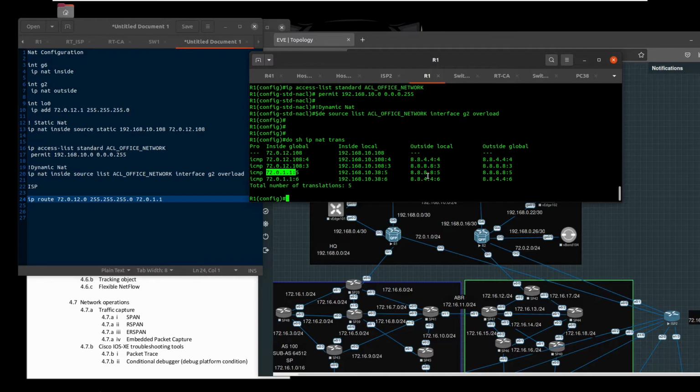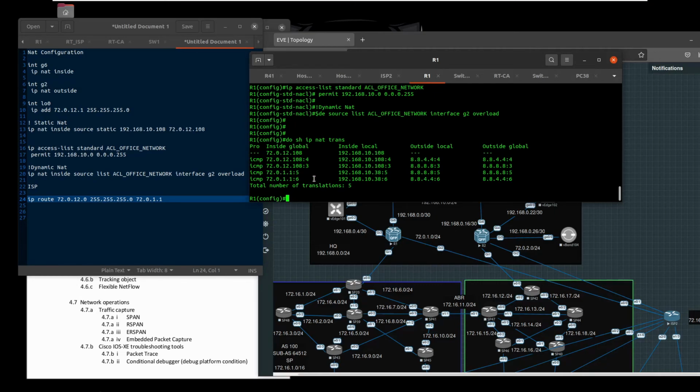We can see that the IP is the same. What changed is the port number. So the outbound IP will continue to be the same. And if we had another host sitting in the 192.168.10 network, the outbound IP would always be the same, and it would just change based on the port number.